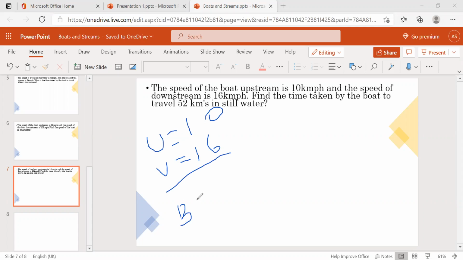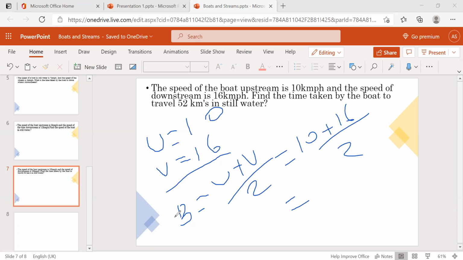What's the boat speed? U plus V by 2. So 10 plus 16 by 2 is nothing but 13, right? 13.